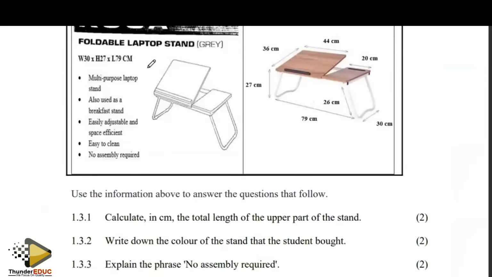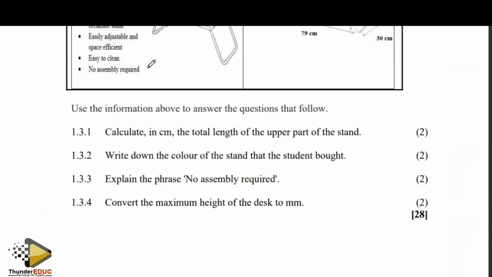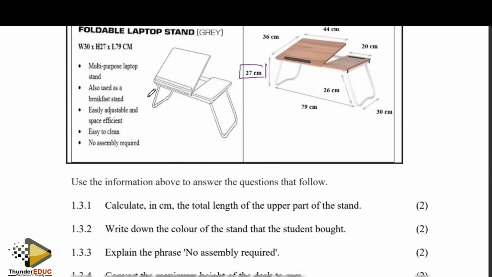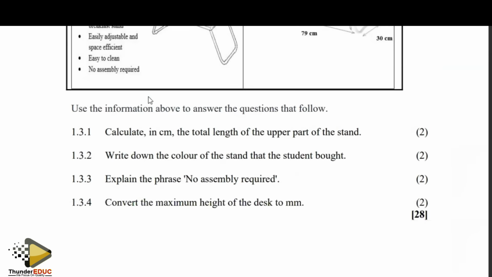1.3. Calculate in centimeters the total length of the upper part of the stand. Total length. So here it is. Look at the total length. So we have 27.